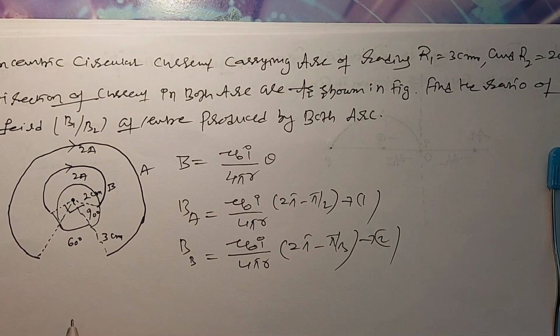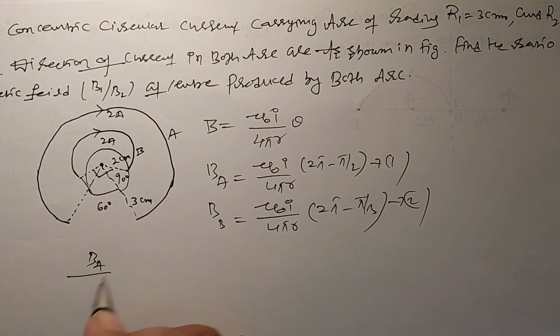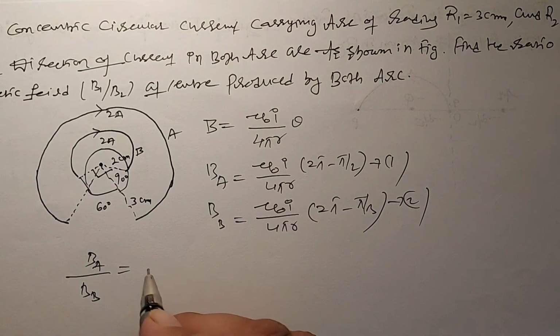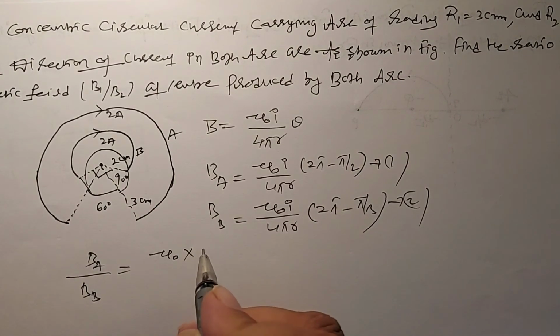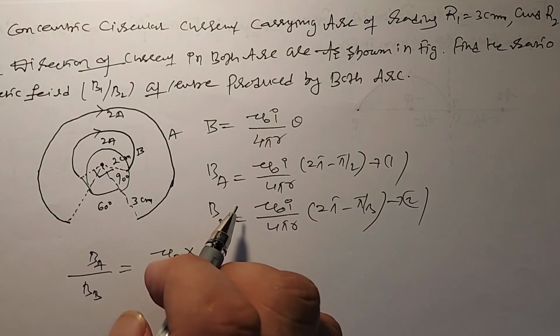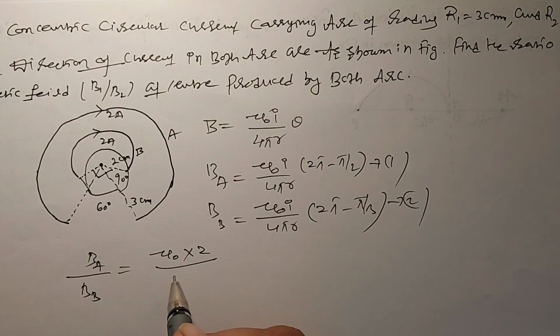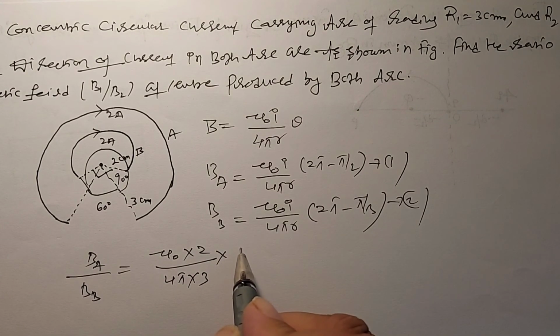Now, the ratio of magnetic fields due to the bigger arc to the smaller arc. Mu naught I, I means how much current is passing. Current is the same in both arcs. So it is mu naught into 2 by 4 pi into the bigger arc radius 3, into 3 pi by 2.